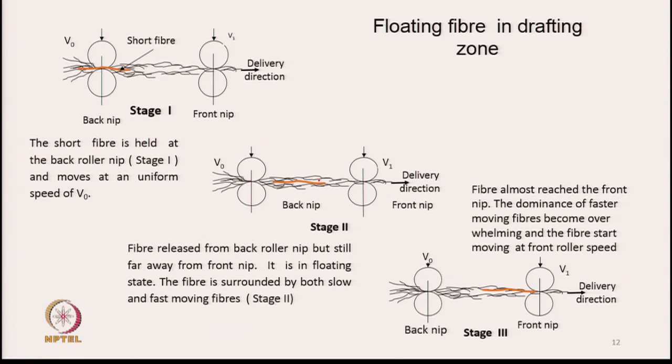In stage 3, what we see is that the fiber has almost reached the front roller nip. The dominance of faster moving fibers becomes overwhelming and the fibers start moving at the front roller speed.